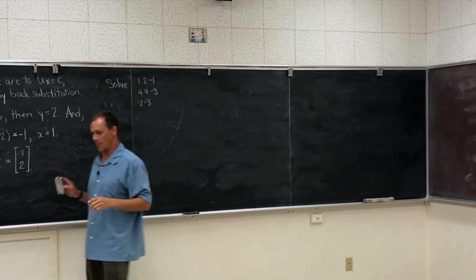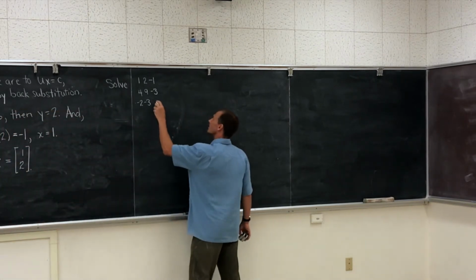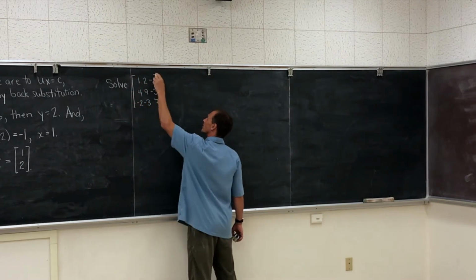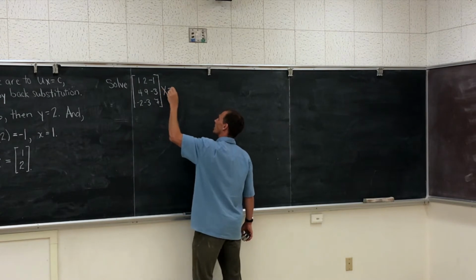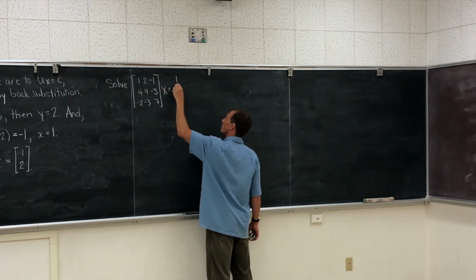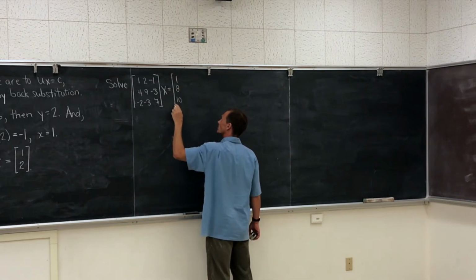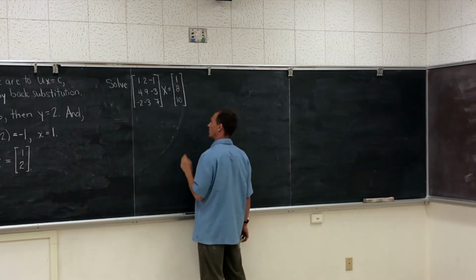I think I want a 1 there. A 7 instead. How about that? 7 times the vector of x is 1, 8, 10. Okay, that's the matrix equation.